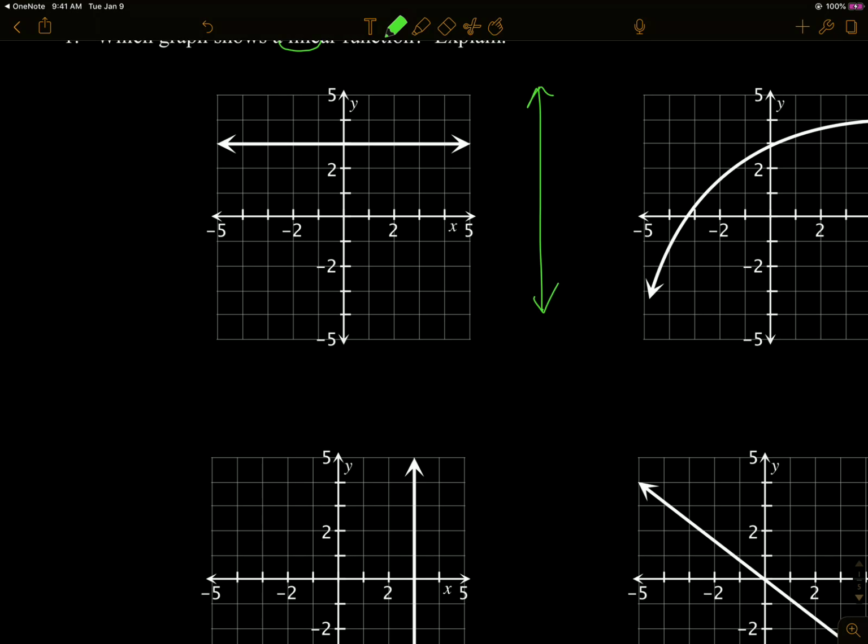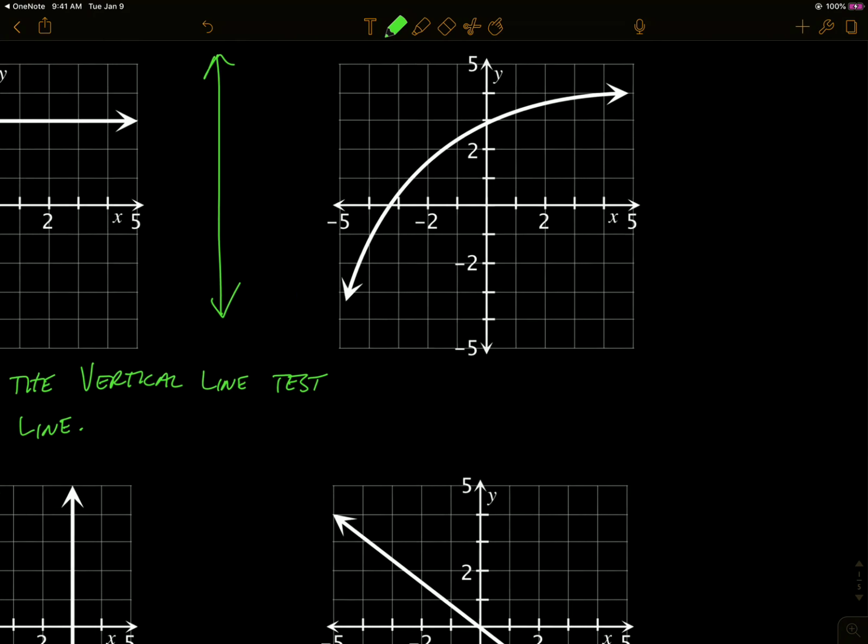So how do we know? We're going to say, first of all, it's a function, so it passes the vertical line test, and it's a line, right? There's no turns in it. It's a straight line, so that is a linear function.